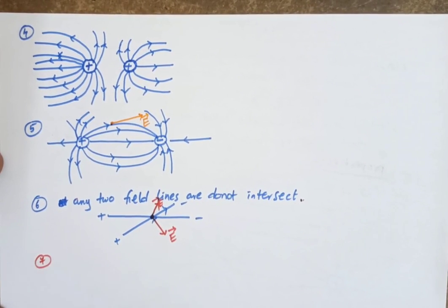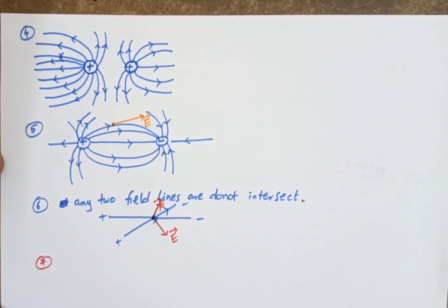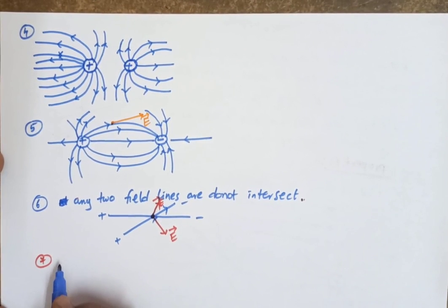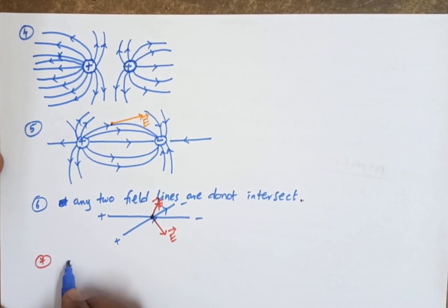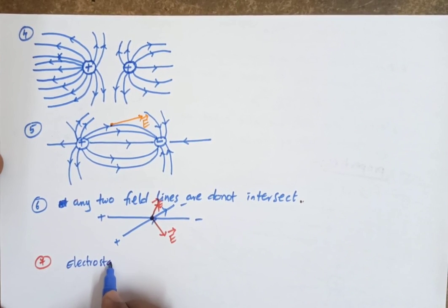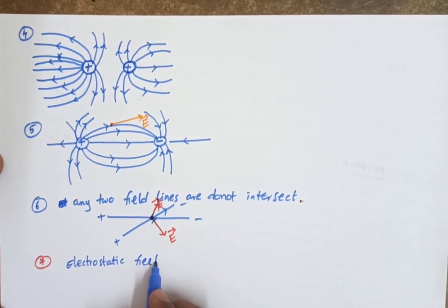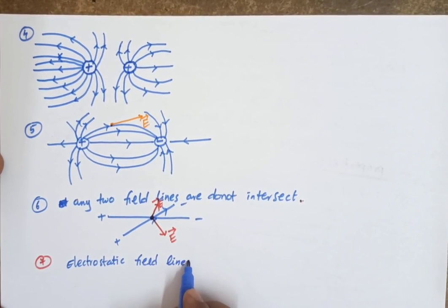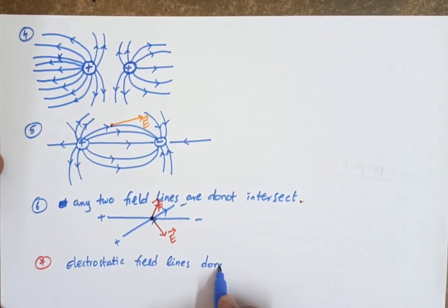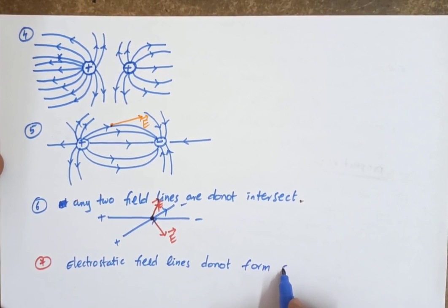Next, the seventh one: electrostatic field lines do not form any closed loops. In magnetism, the magnetic field lines form closed loops, but electrostatic field lines do not form any closed loops.